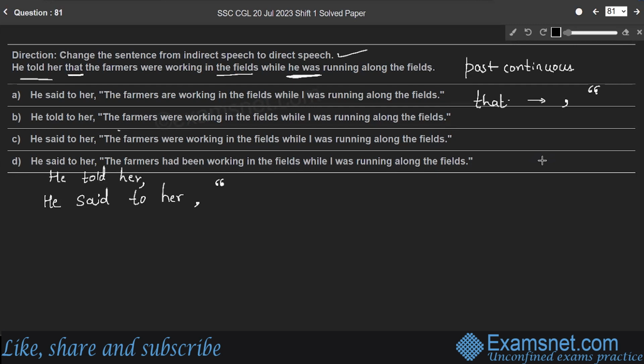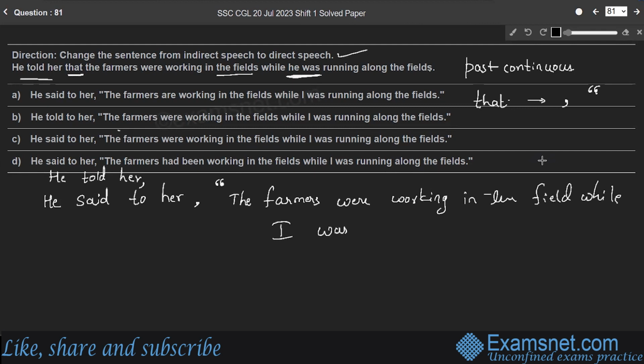Therefore, the farmers were working in the fields while I was running along the fields. Here the tense of the given sentence remains the same, right? So it is past continuous tense. Therefore, the direct speech form is he said to her.